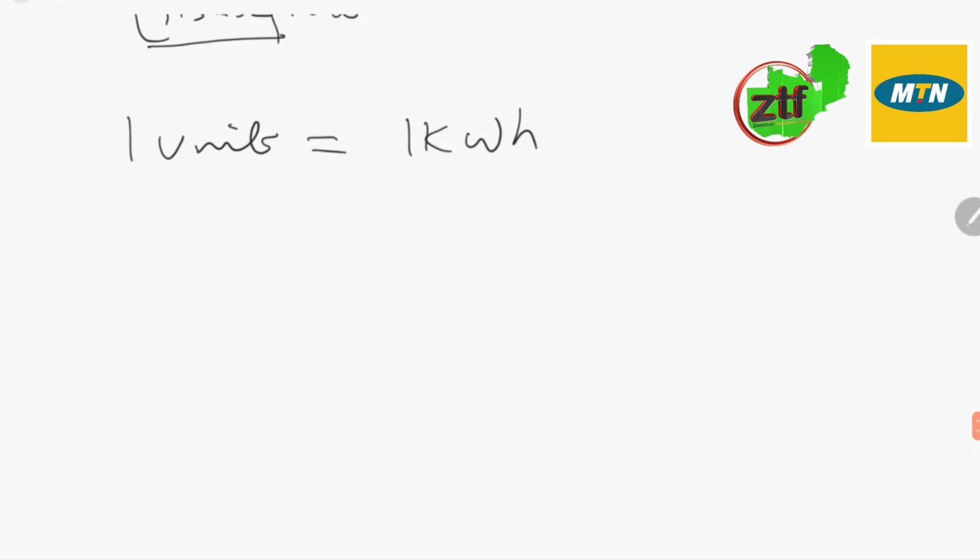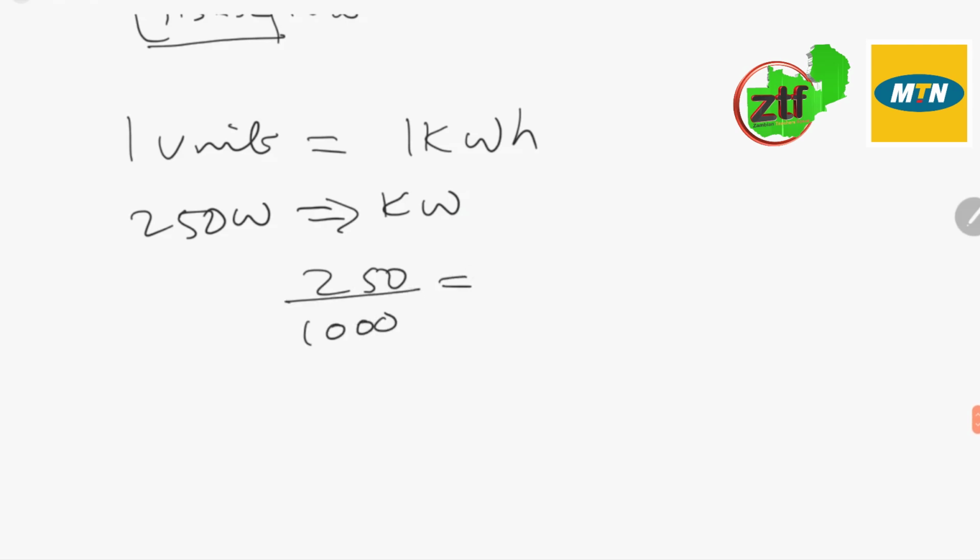So, we must make sure that 250 watts is taken to kilowatts, which will be 250 divided by 1000, so that we get 0.250 kilowatts.